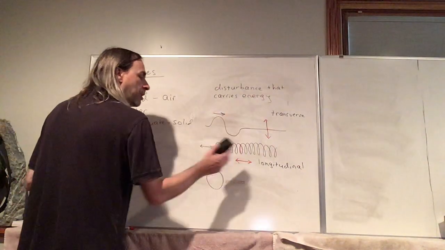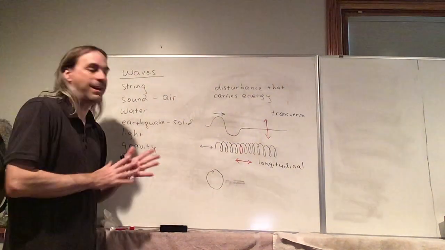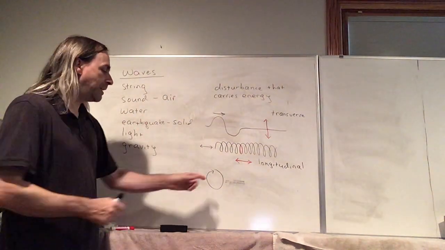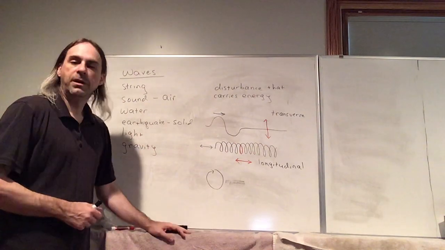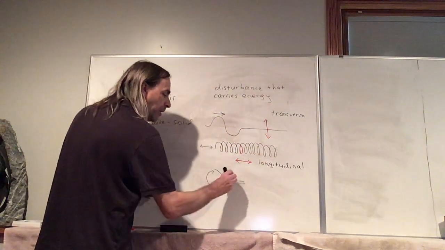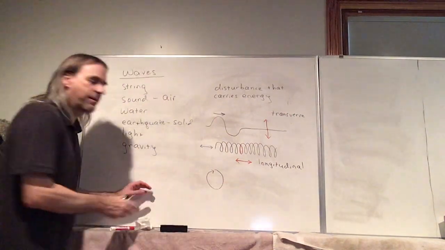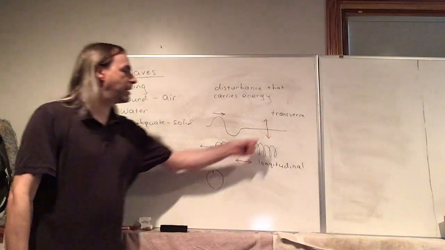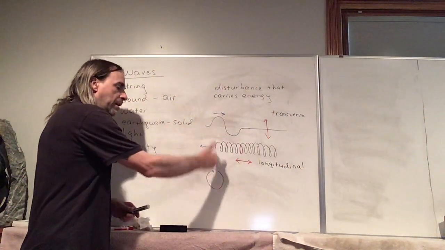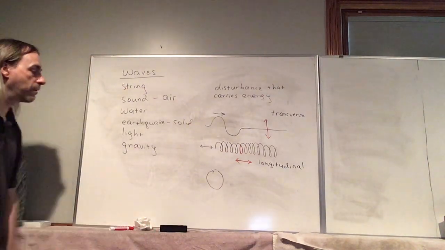But it's actually important to define these anyways, even if you're going to go into very complicated problems, because in the case of a circular wave, we can consider it just like we have vectors. We can break vectors into components. We can kind of do the same with these circular waves, where it has a transverse component that goes up and down, and a longitudinal component that goes back and forth.